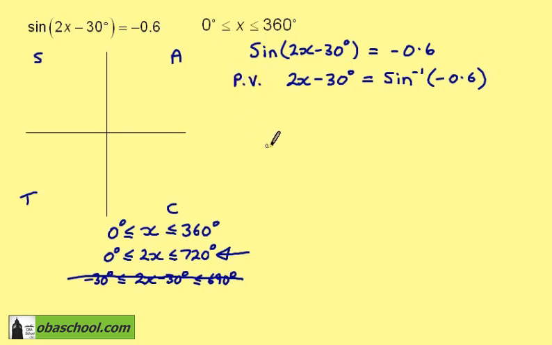This is our principal value, and this is minus 36.87 degrees to 2 decimal places.